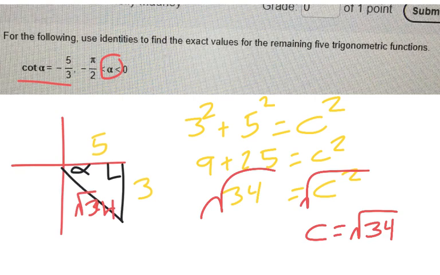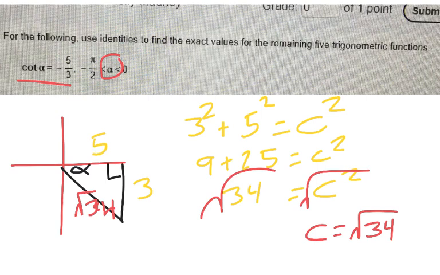It looks like when you did it, you treated it as a 3, 4, 5 Pythagorean triple. That could work only if the 5 was the hypotenuse. But because the 5 here was the other side, this can't be 3, 4, 5. Otherwise, you're saying the hypotenuse, which has to be the longest side, is 4, which is shorter than this leg, which is 5.